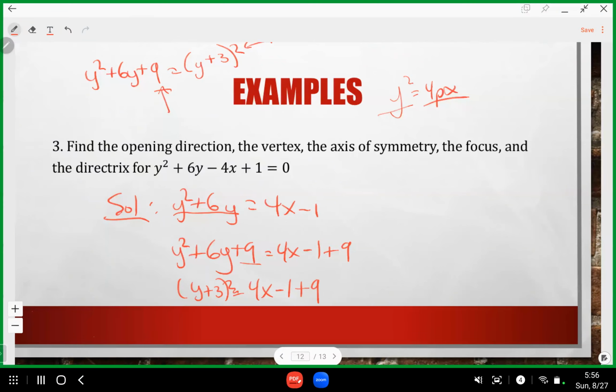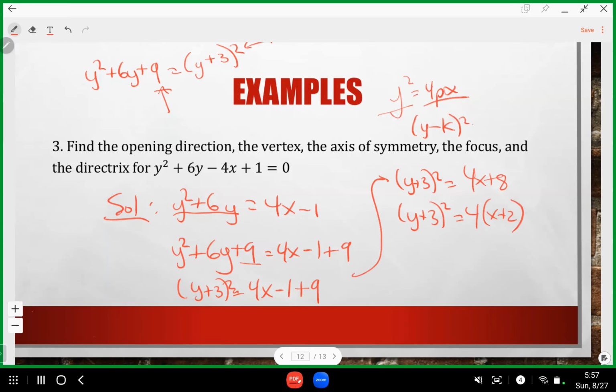So then you get (y plus 3) squared is equal to 4x plus 8, so (y plus 3) squared is equal to 4 times (x plus 2). Now it is in standard form of (y minus k) squared is equal to 4p(x minus h).